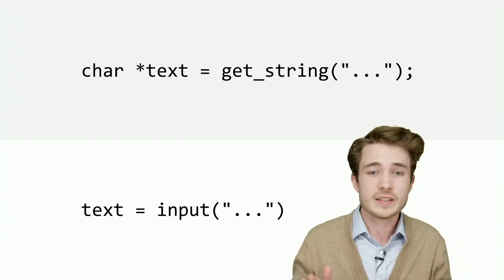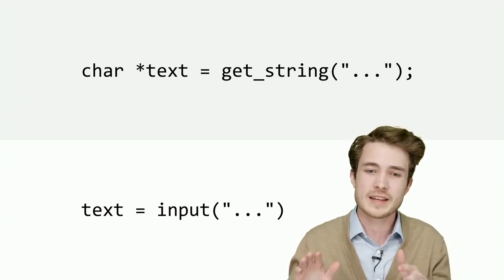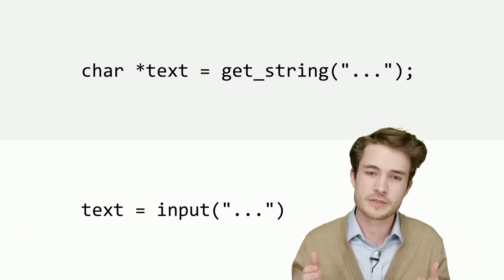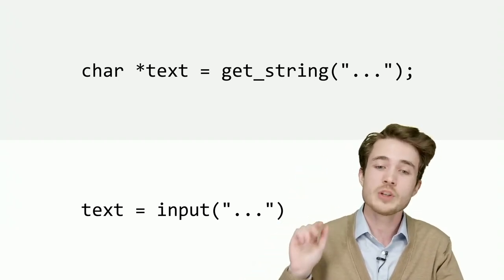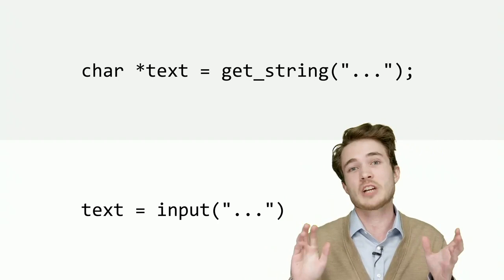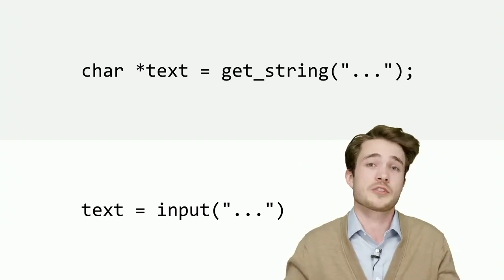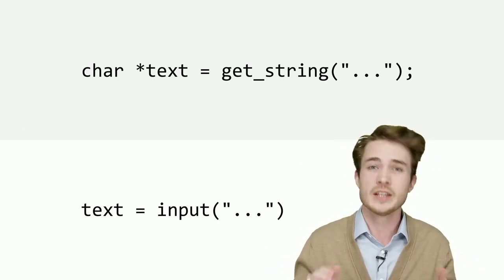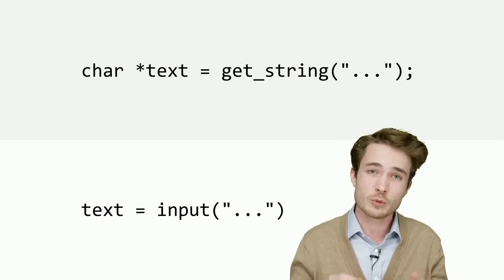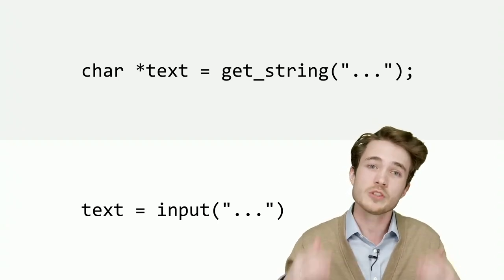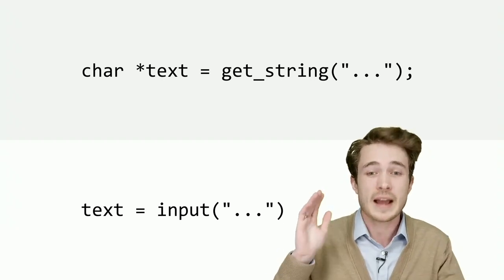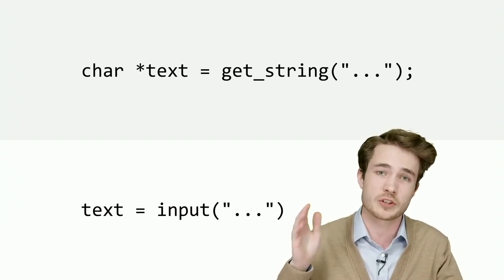So maybe you noticed that in Python, we no longer have to say the type of the variable we're working with. Down below, we're still working with strings, as in the top piece of code. But notice how in Python, we just say the variable name, like just text, not string text, not char star text, just text. C is what we call a statically typed language. We have to declare the type before we use a given variable, like text has to be declared as a string or a char star.